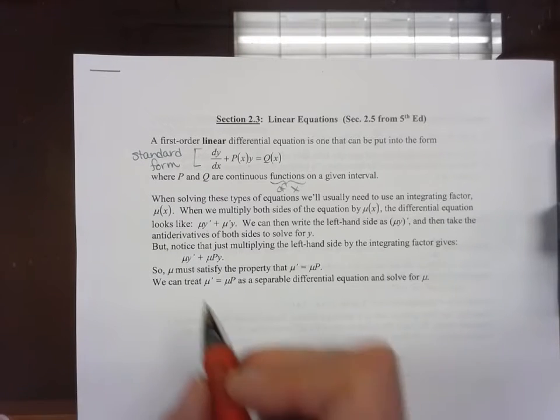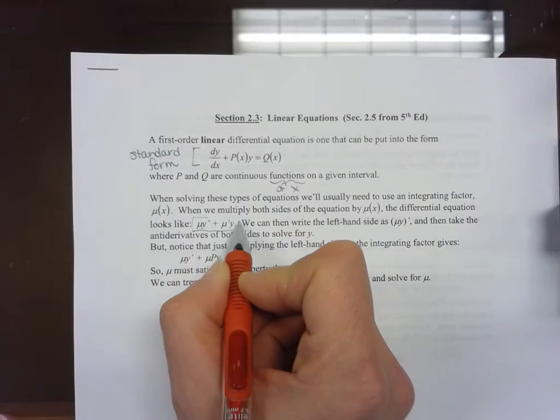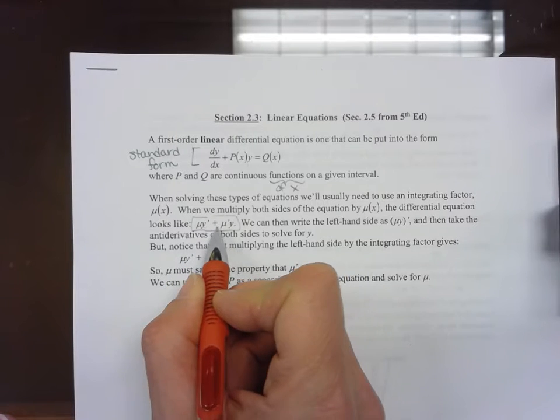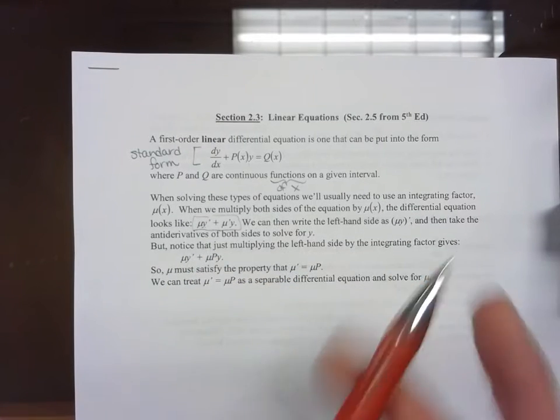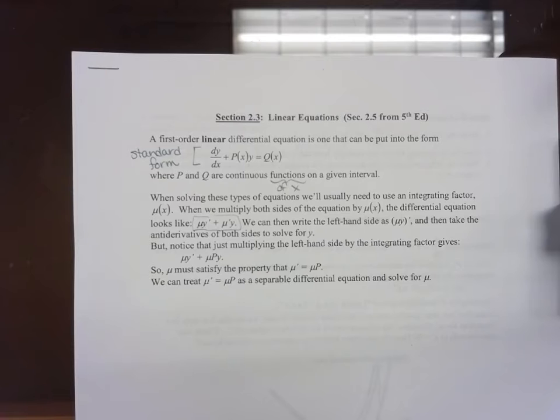But if we have this, mu times y prime plus, oops, why do I have mu prime? We don't have that.